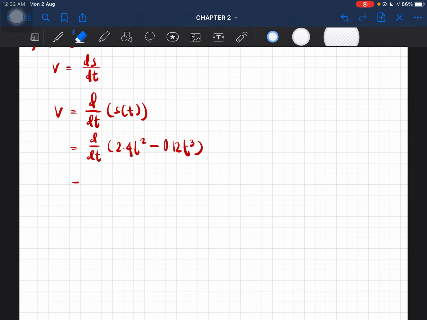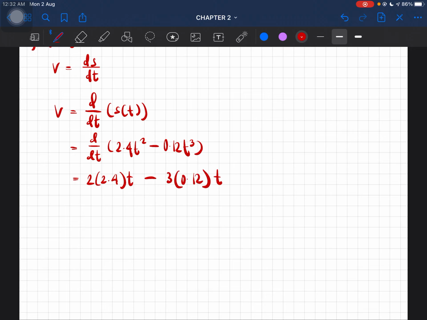Make sure you know how to do differentiation. If there is a power 2, bring it to the front, 2.4, the power minus 1, so it becomes 1, no need to write. Then 3 times 0.12 t, with 3 minus 1 equal to 2. Then you'll get the equation for velocity. Okay, so this is your equation for velocity.